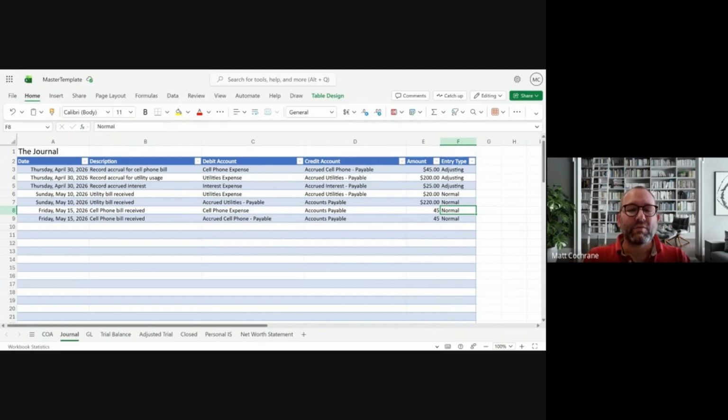So that's 25 and 25. And then we have to debit our loan payable account for 143. That's for the principal portion. And we are going to credit cash for all of that. So really, we're paying cash for the accrued interest, the new interest expense, and the loan payable.